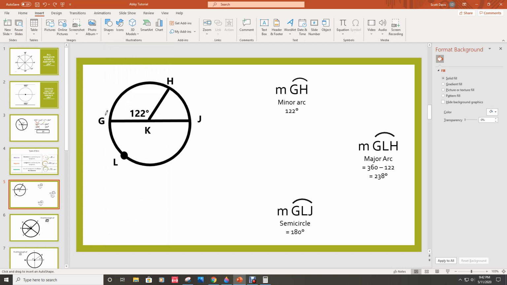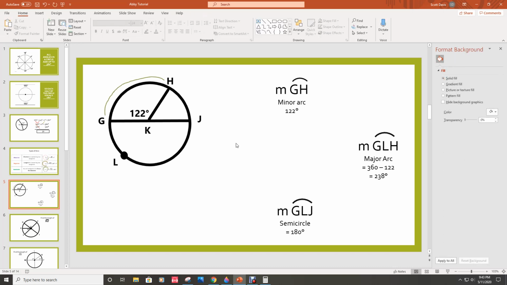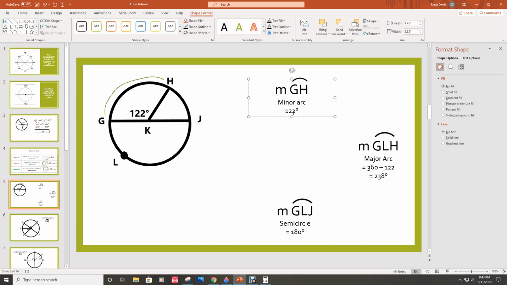It wants to know G to H. The best thing about that is I can already see that it is a minor arc because it is less than 180 degrees. It is less than half of the circle. And when I followed it along from G to H, I see right here that they already gave me the angle measurement. So my arc length is 122 degrees.